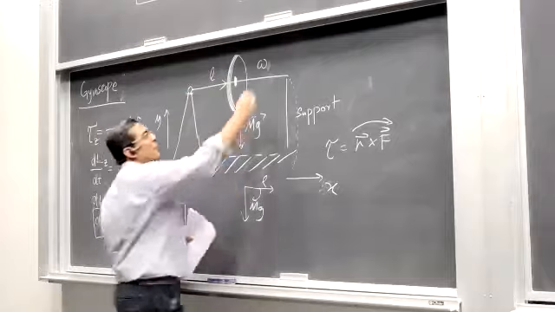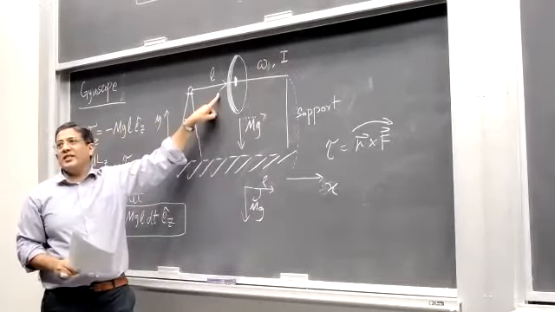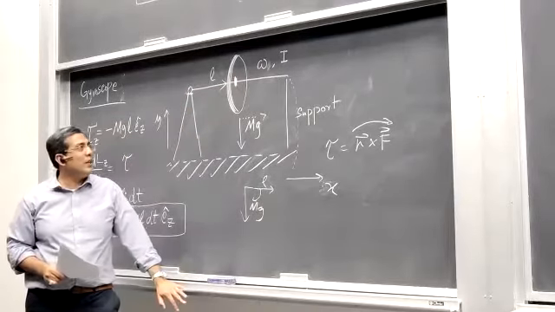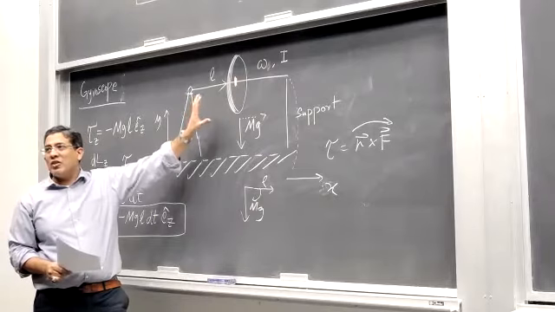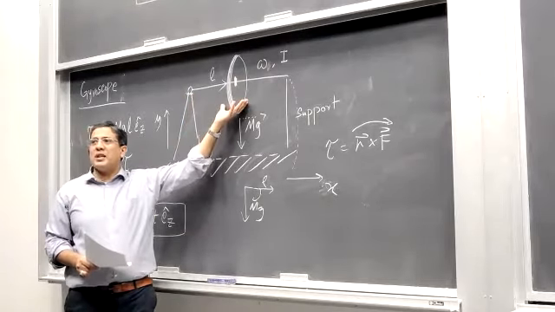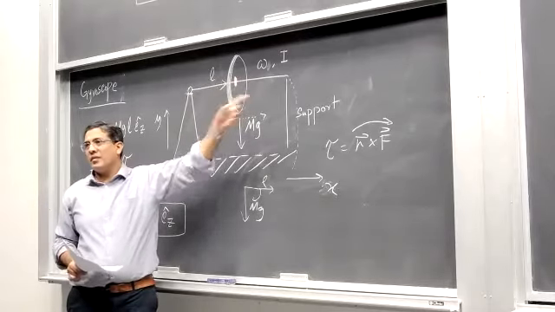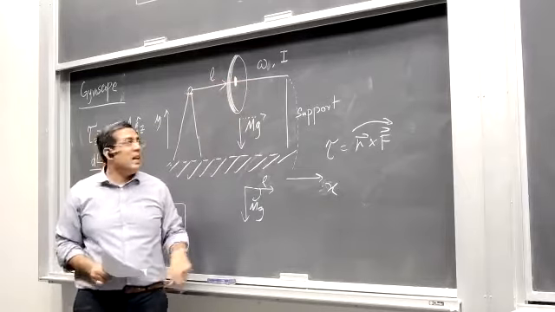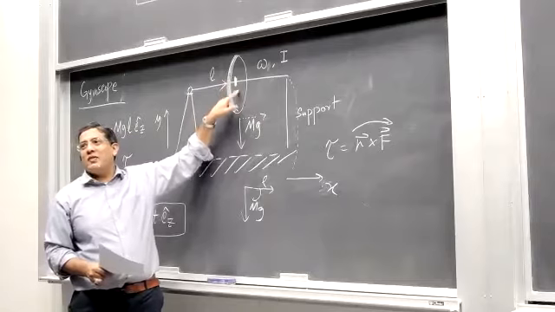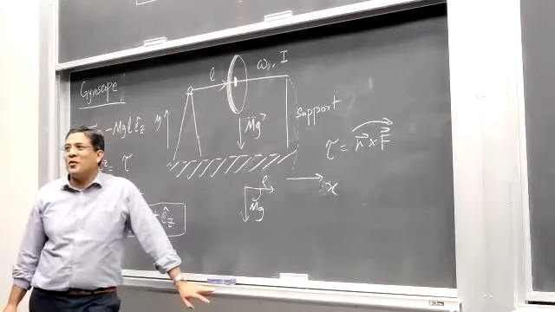Let's say that the moment of inertia of the wheel is I, and we spin it with angular velocity omega very fast. And let's also assume that the mass of this wheel is much, much larger than the mass of the rod. And now we spin it, and after spinning it very fast, I remove this support. What happens then? Would it fall down?